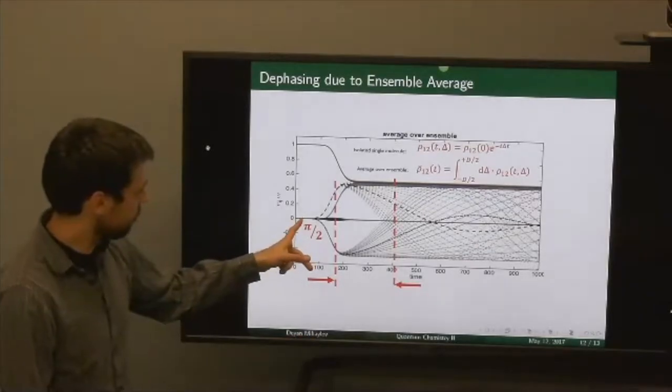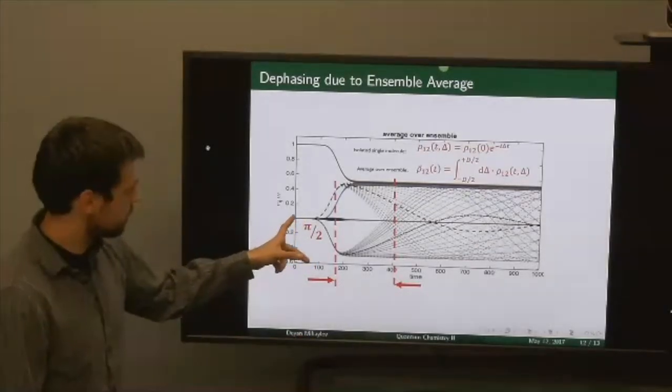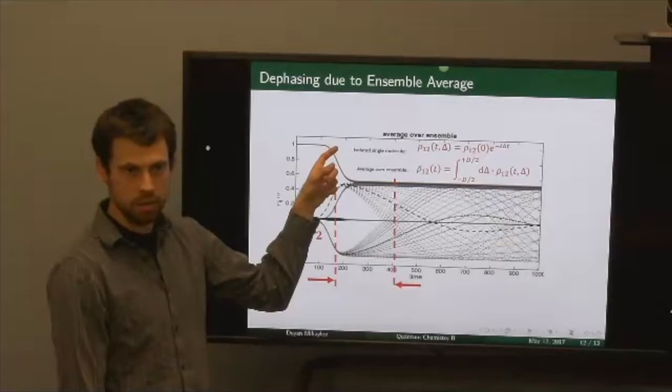The black line shows the complex phase in the isolated single molecule.